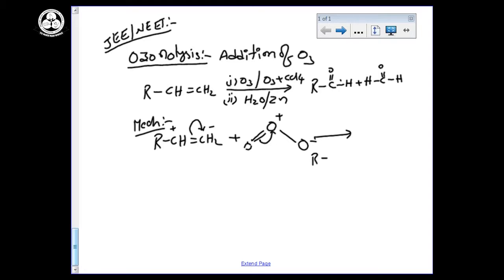R CH, one bond is broken, and CH2, and this is minus. After taking the electrons, this oxygen becomes neutral. So the central oxygen is neutral, and here there are two oxygens. This carbon is minus.